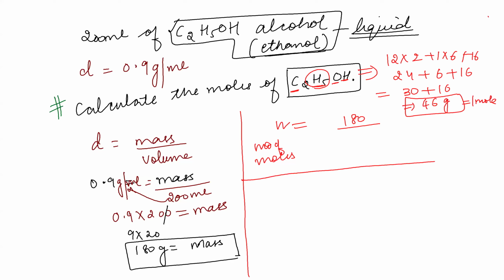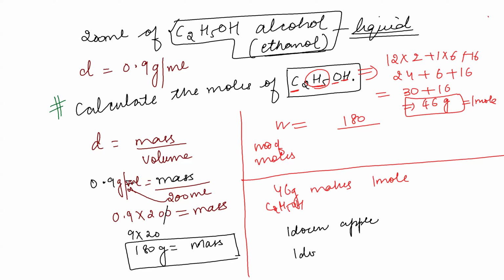So unitary method wise, you say 46 grams of C2H5OH makes 1 mole. I hope you're understanding why that is. See, I can have 1 dozen apples and I can have 1 dozen pumpkins.